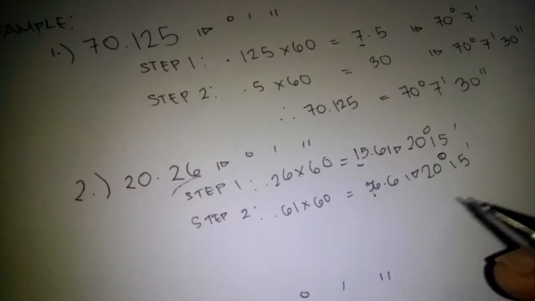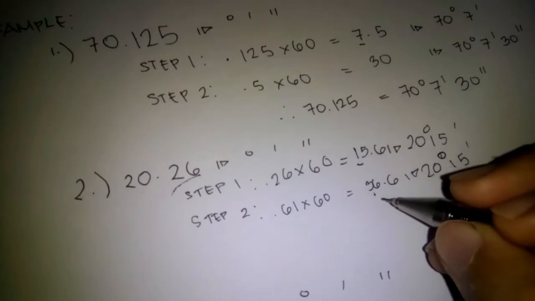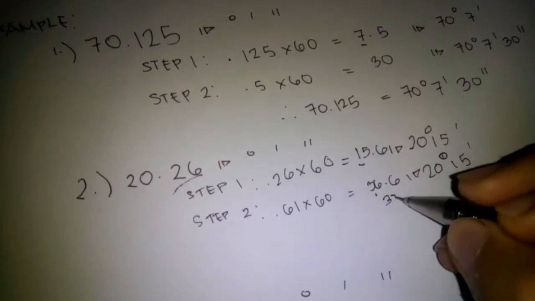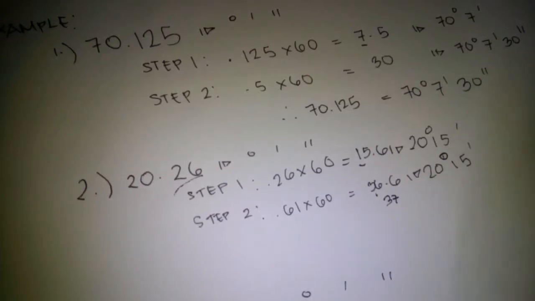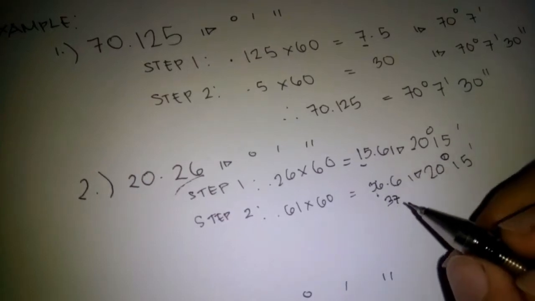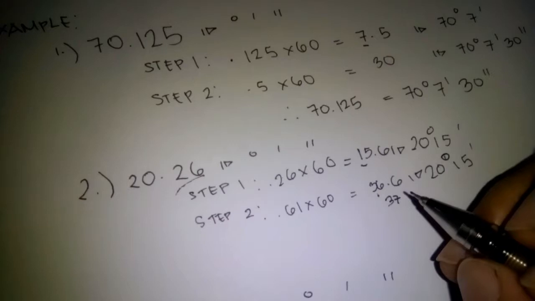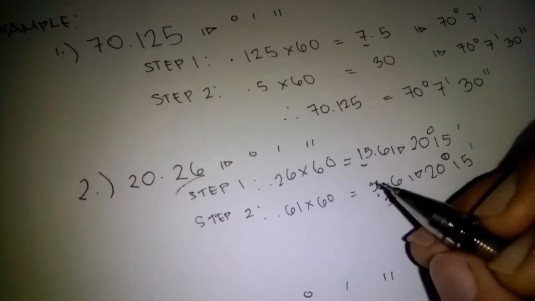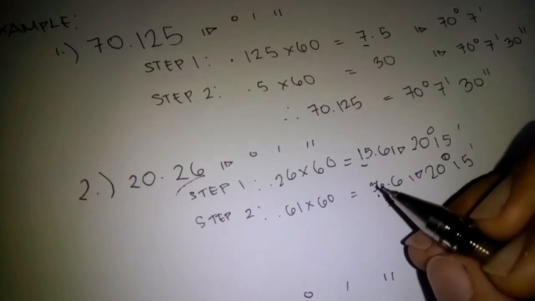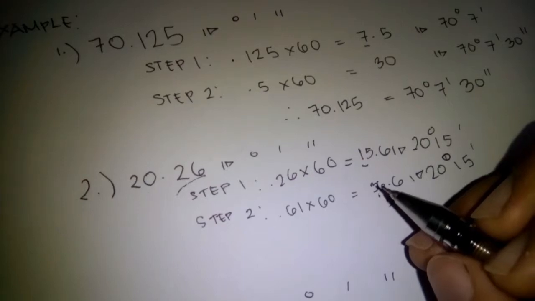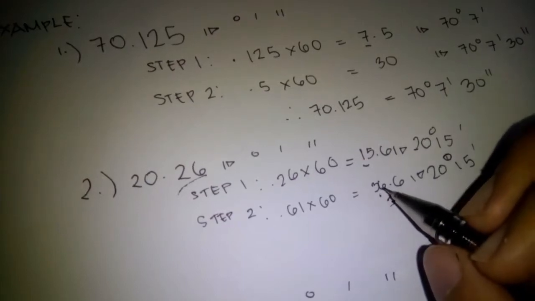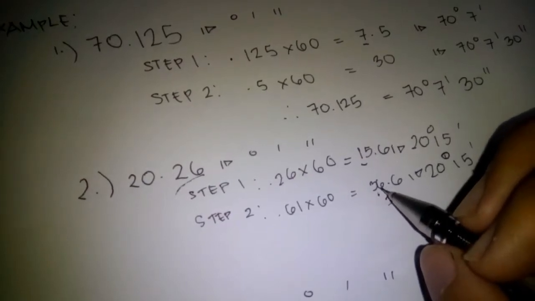So it will be 37, because in rounding off, 5 and above, we need to add 1 to the next value.